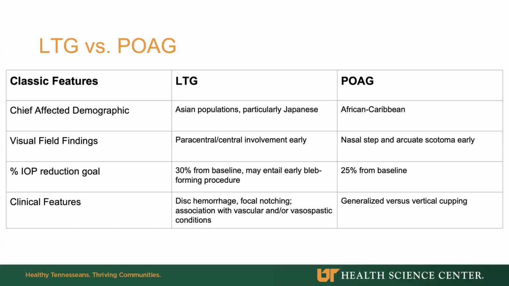Clinical features of low tension glaucoma, as we've discussed, classically include frequent disc hemorrhages and focal notching of the optic nerve. Many times you also have to inquire about a history of vascular and vasospastic conditions. In primary open angle glaucoma, the disc appearance is generalized or vertical cupping, so it is not as much focal regions classically.